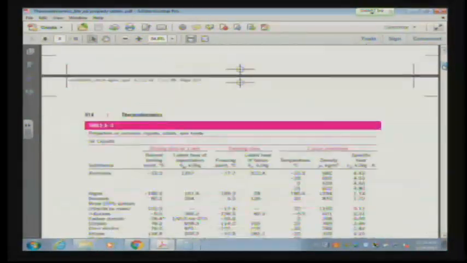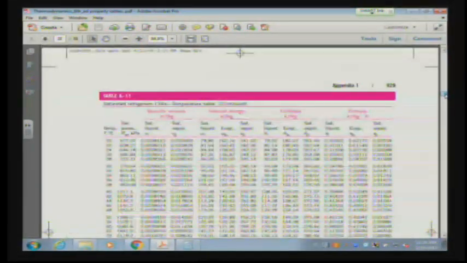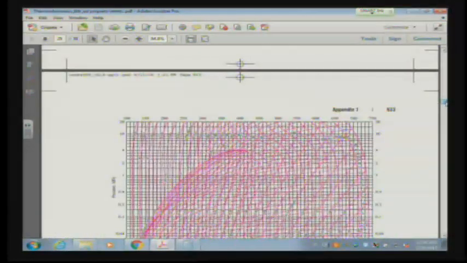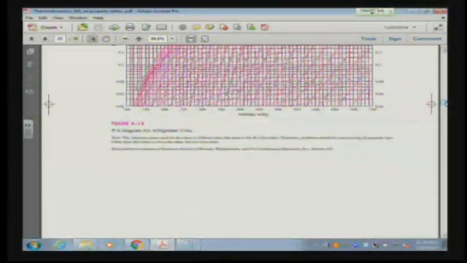So let's go down to A15. Oh my goodness, and there it is. That is a nasty looking chart, but that's what we have to work with.